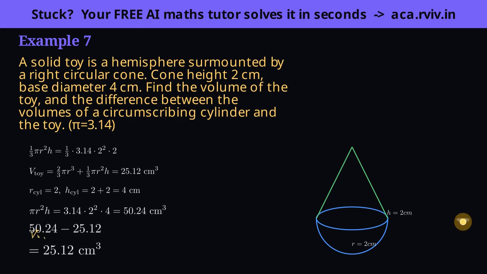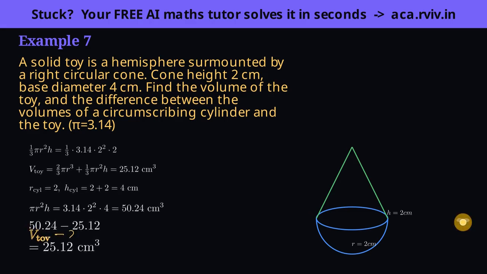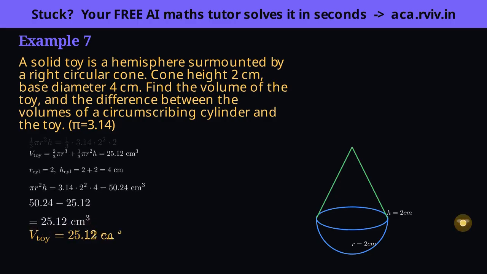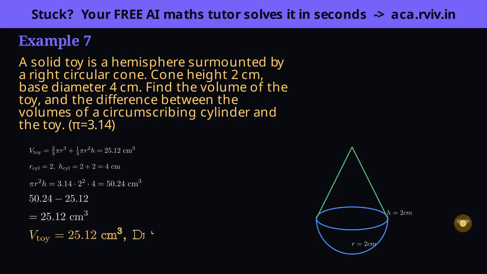The general idea worth keeping: the leftover space around any solid packed inside a cylinder is just the cylinder's volume minus the solid's volume, container minus contents. Here it happens to come out equal to the toy itself, a neat coincidence, but the method works for any snug fit.